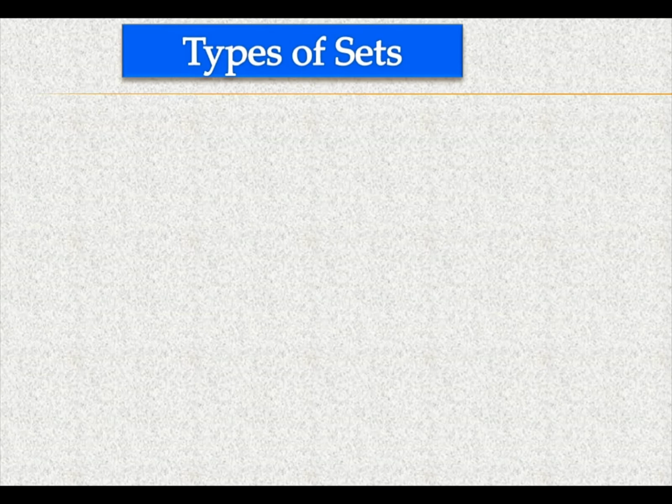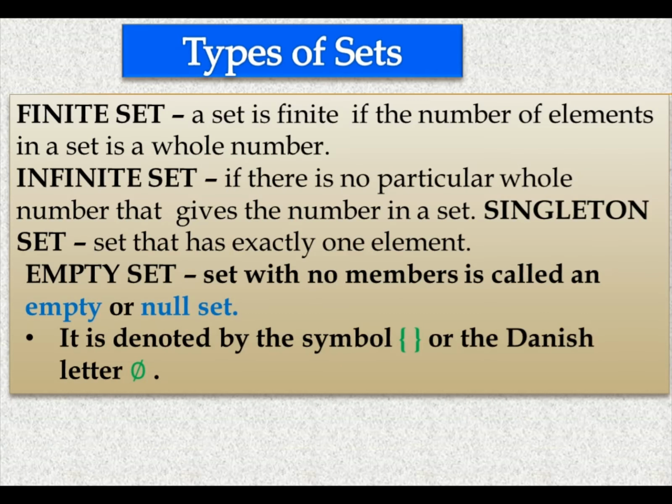So let's have the types of sets. First is the finite set. A set is finite if the number of elements in a set is a whole number. Meaning to say, the cardinal number of a set can be represented by a whole number. So we know that in whole numbers we have 0, 1, 2, 3, and so on.